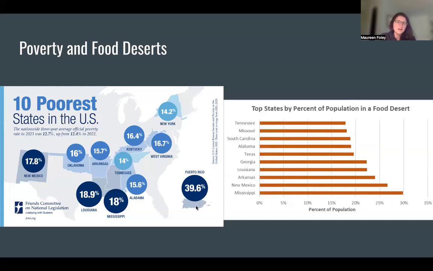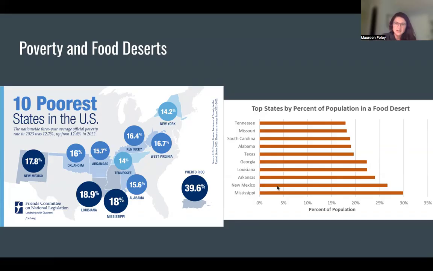This chart on the left shows us the 10 poorest states in the United States. So let's see what kind of overlap we can find. We've got Mississippi here on our food desert map. That's the highest amount of the population living in a food desert. They're at 18% of their citizens living below the poverty level.